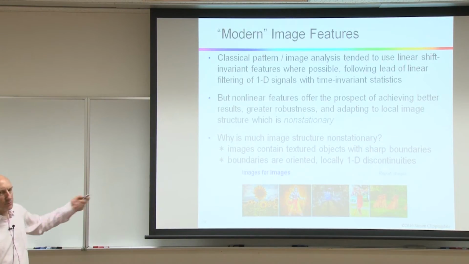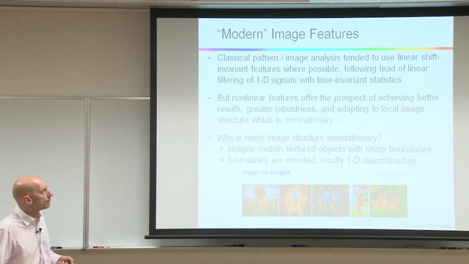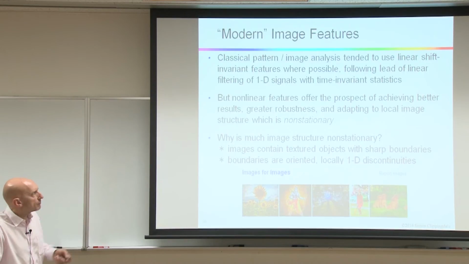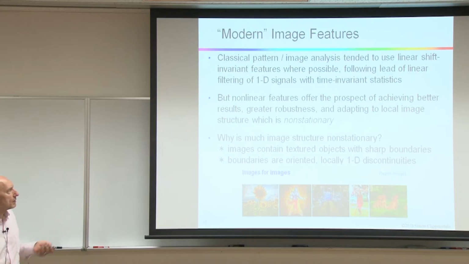And that comes from the old days of hardware, where you had physical components that didn't change as you scanned an image through them. Okay, but now more recently, with computational power being better, you can use non-linear features which are more robust to things that you want to be robust to, and can adapt to local image structure, so the filtering and the features extracted can change from one place to another.